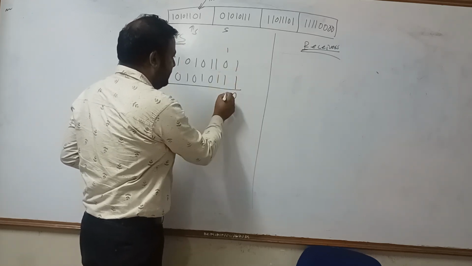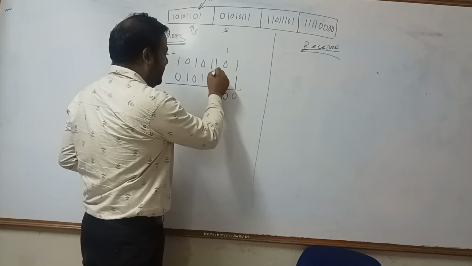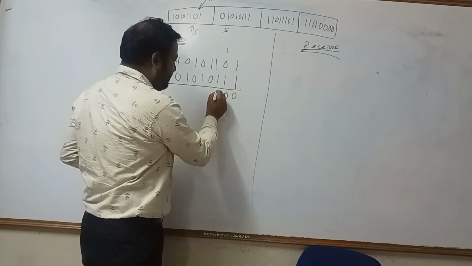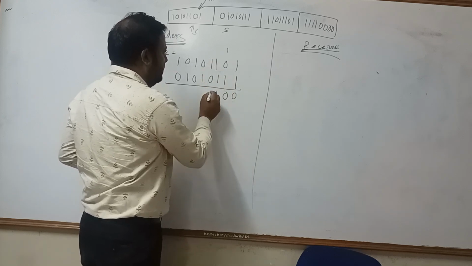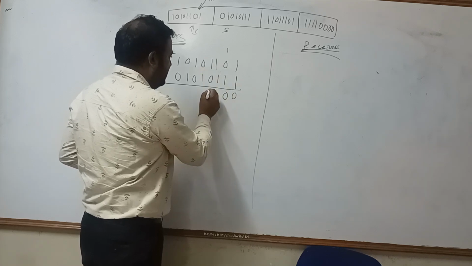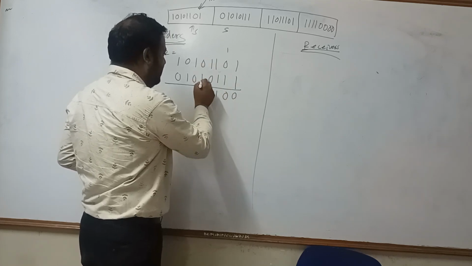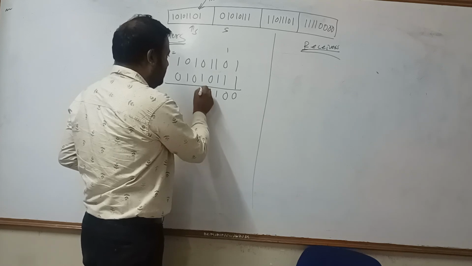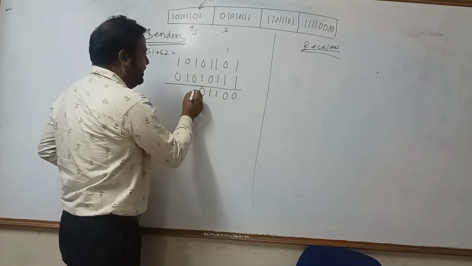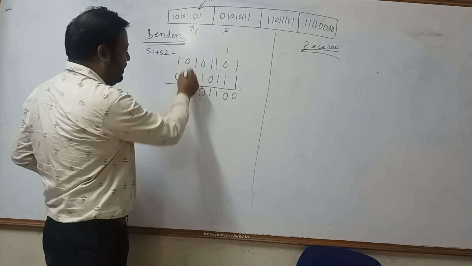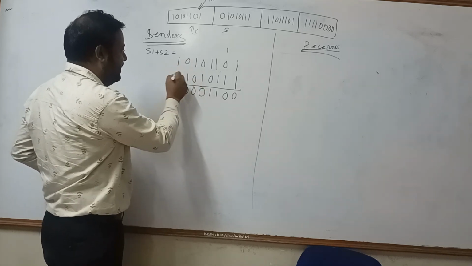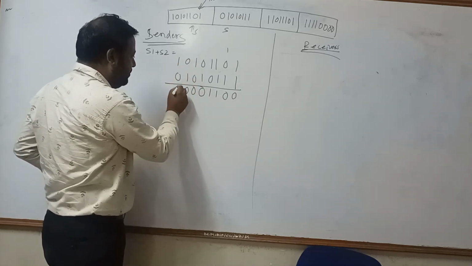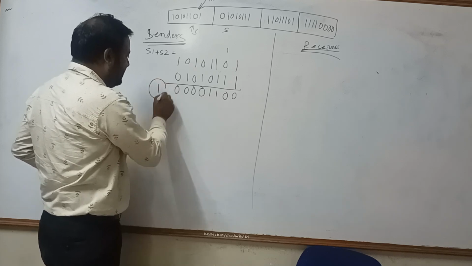Again 1 plus 1, 0, carry is 1. 1 plus 1 plus 1, sum is 1, carry is 1. Again 1 plus 1, this is 0, carry is 1. Again 1 plus 1, sum is 0, carry is 1. Again 1 plus 1, sum is 0, carry is 1. Again 1 plus 1, sum is 0, carry is 1. This is the carry bit.